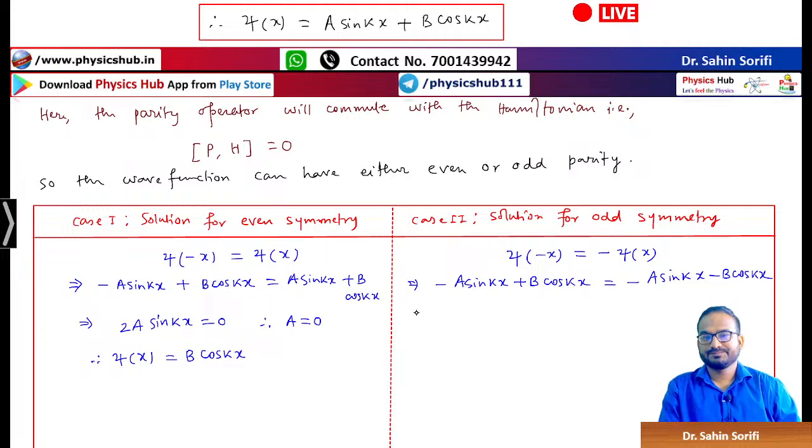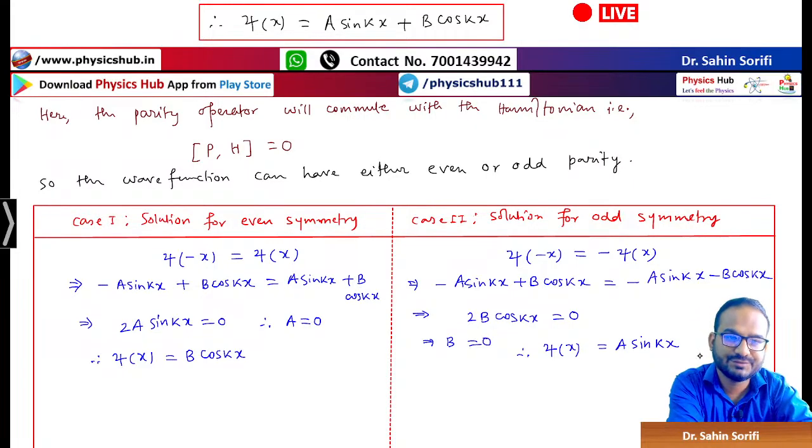What about this? Look here, 2b cos kx is equal to 0. That means b is equal to 0, and hence psi of x is equal to a sin kx.